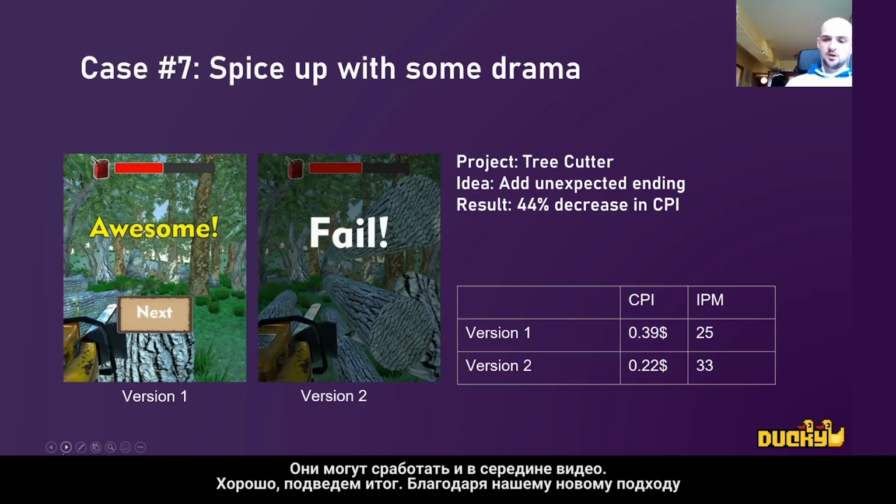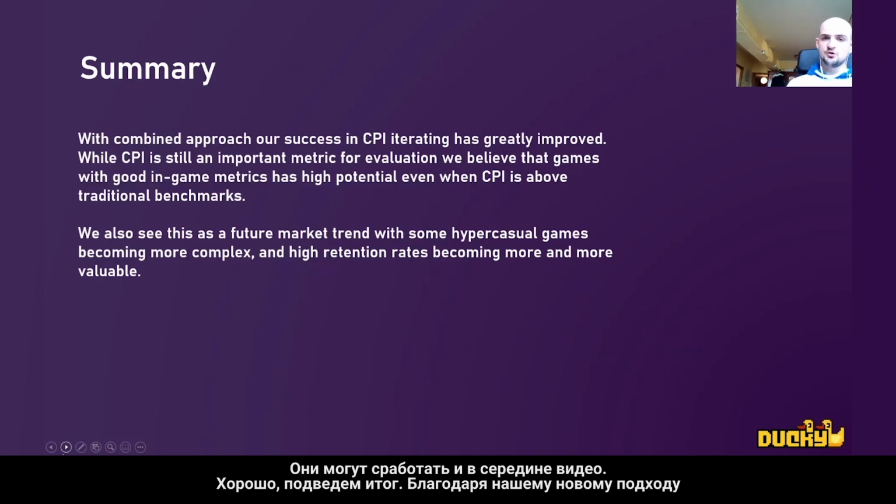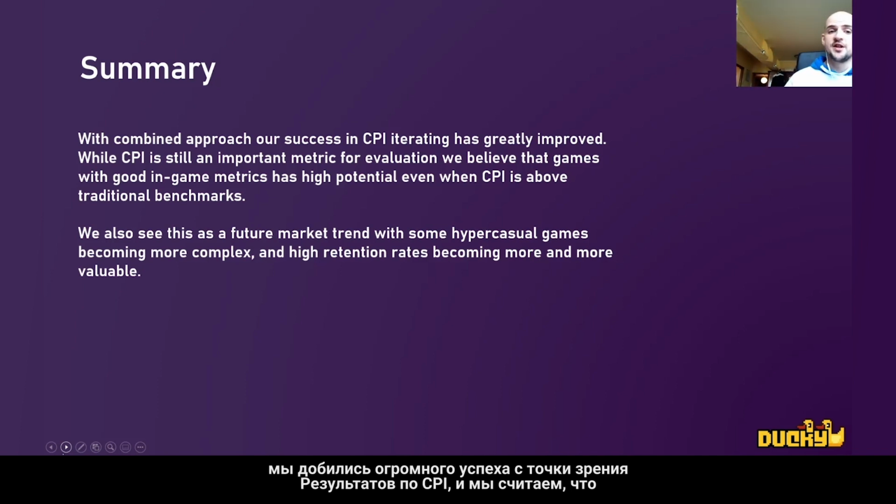So, a short summary: with our approach, we had a huge success in terms of improvements, and we now believe that games with good in-game metrics have way more potential, even when they have a CPI above traditional benchmarks. This is actually a market trend.